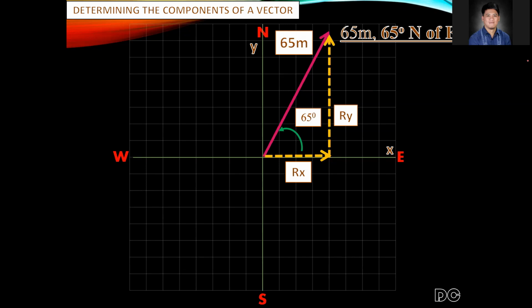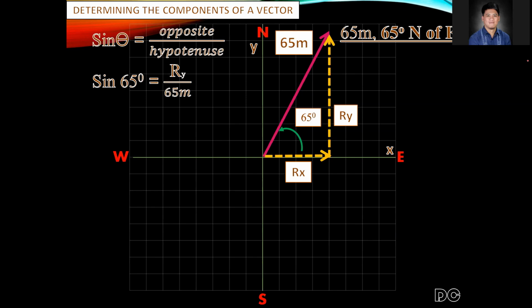First, let's use the sine function. Sine theta is equal to opposite over hypotenuse. If the opposite side is r sub y, therefore sine 65 degrees is equal to r sub y divided by 65 meters. And that is r sub y is equal to sine 65 degrees times 65 meters.